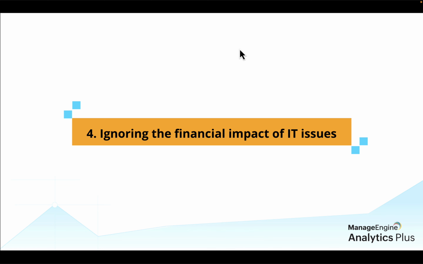The effective way around this is to simply compute the dollar value of these IT issues. By uncovering the financial impact of IT issues, IT managers can streamline incident resolution, expedite root cause analysis, streamline budgeting, and clearly establish IT's contributions to business operations.